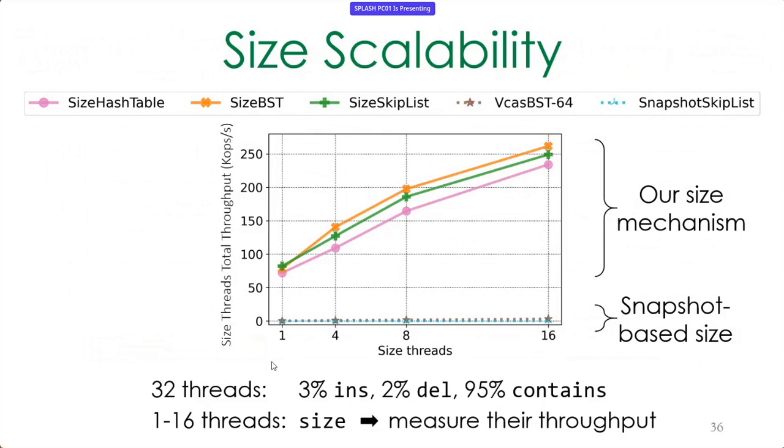And what we measured here is how many size operations the size threads performed per second. All right, so this is the total throughput of all the size threads. And you can see that the throughput improves as we have more size threads. So this demonstrates the scalability of our approach. And you can also see again that our approach performs much better than the snapshot-based approach.